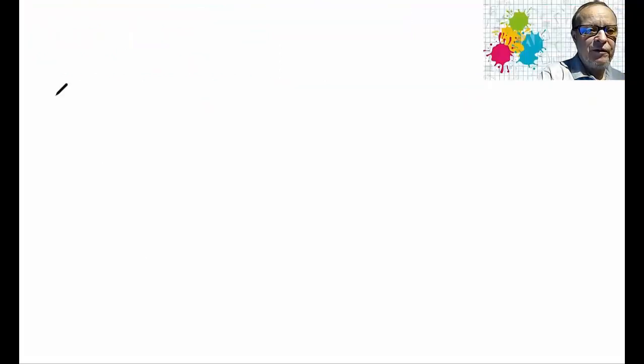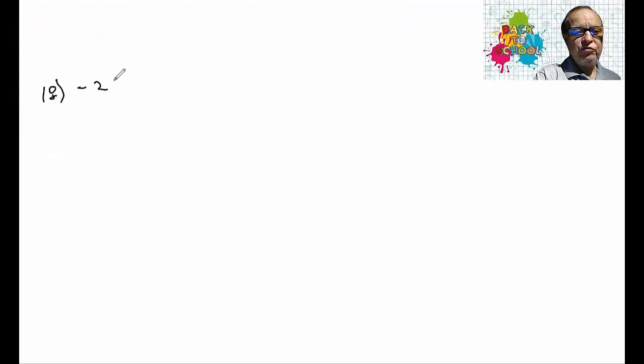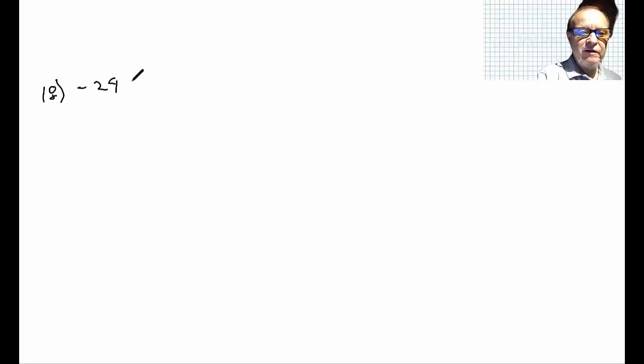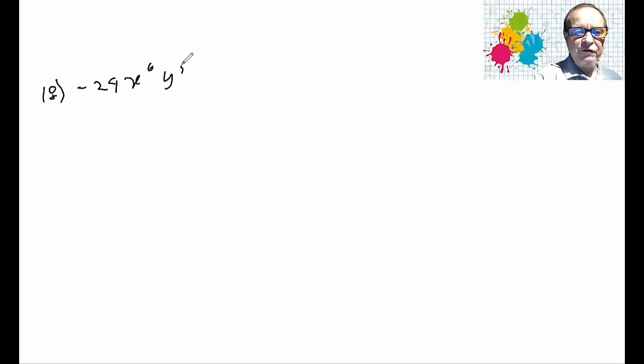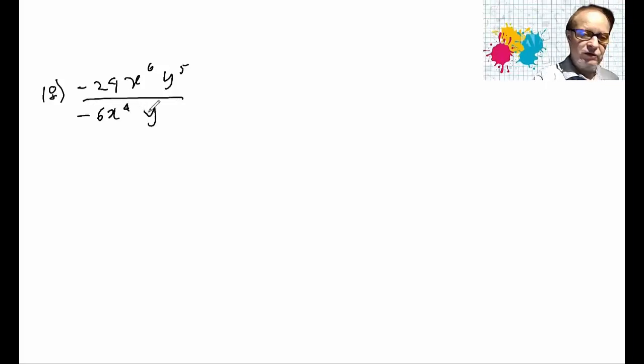In example number 18, we have negative 24 x to the 6th, y to the 5th, divided by, or over, negative 6 x to the 4th, y squared.